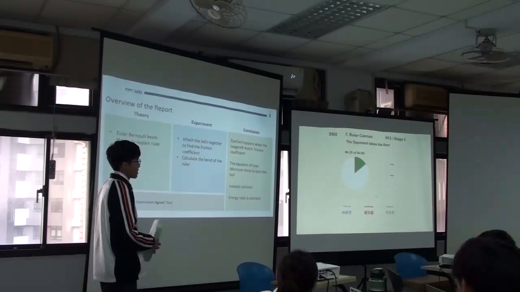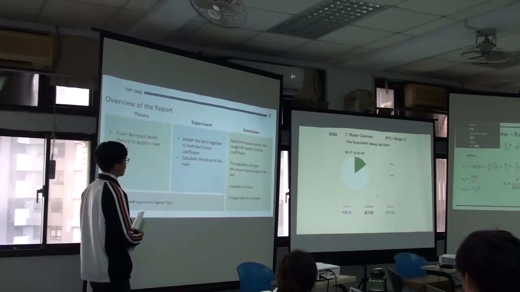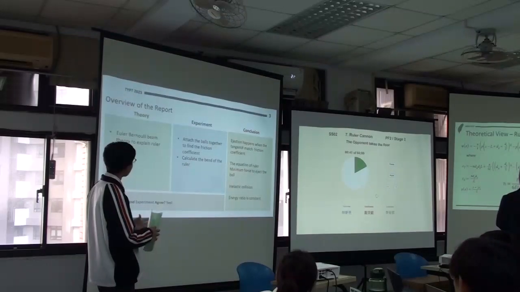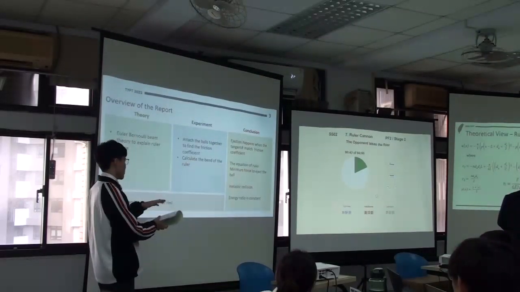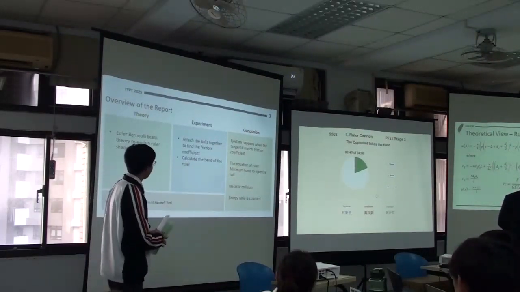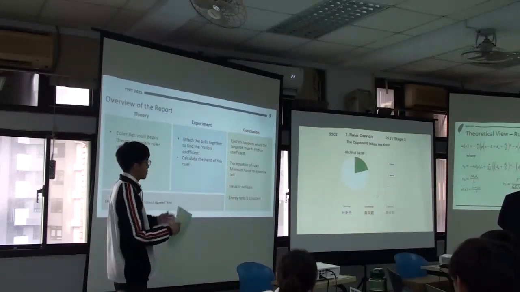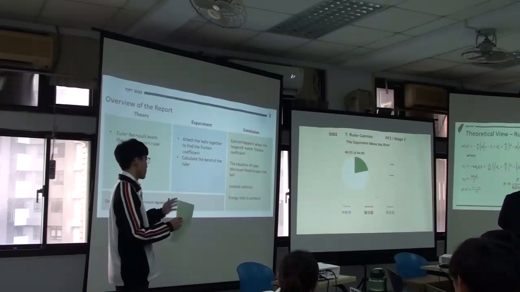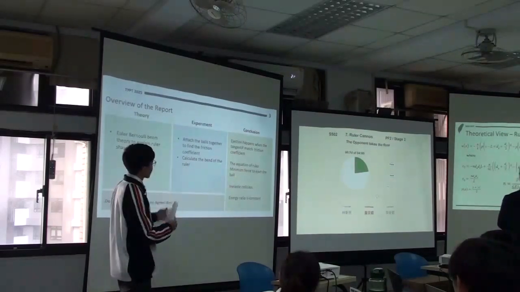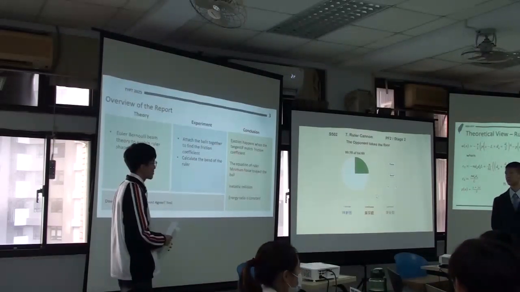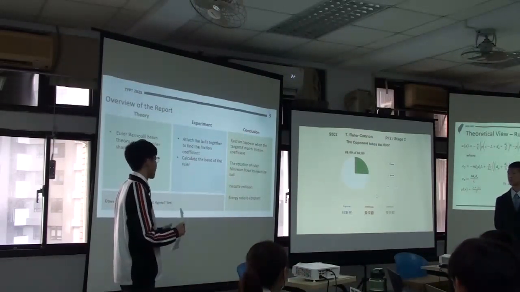So in theory, the reporters use Euler-Bernoulli beam theory to explain the movement of the ball while it is on the ruler. And in the experiment, they measure mu between the ruler and the projectile to get a friction coefficient, and they measure the bend of the ruler for theoretical models.